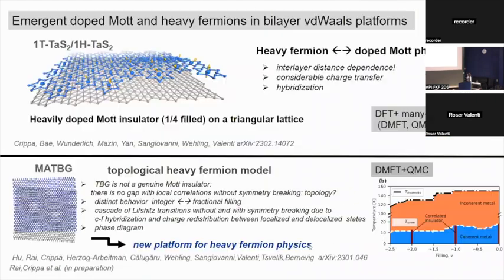So with that, I can come to my conclusion, because my time is over. What I wanted to show with these results is that these platforms of heterostructures or twisted bilayers, which by now are being very much investigated, are really very interesting platforms, full of surprises, to investigate new states of matter.